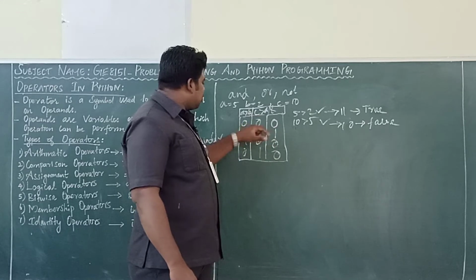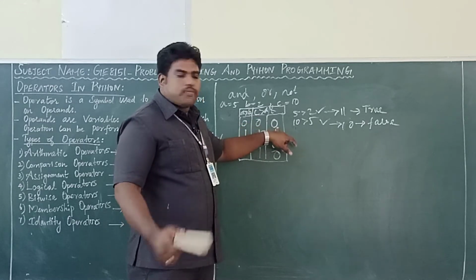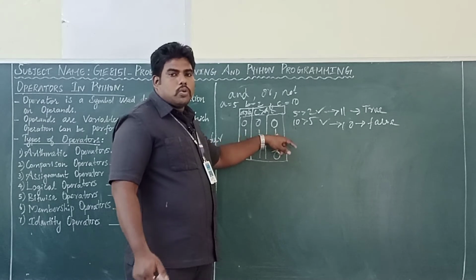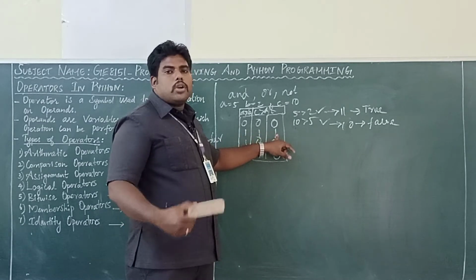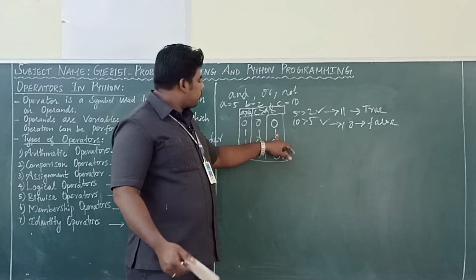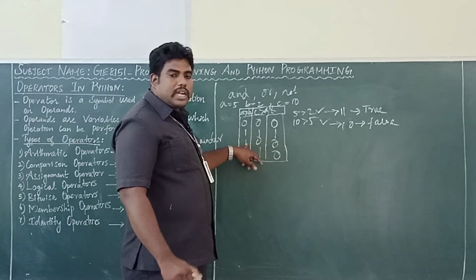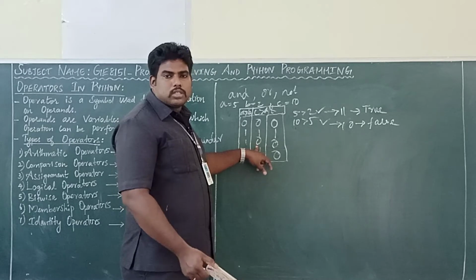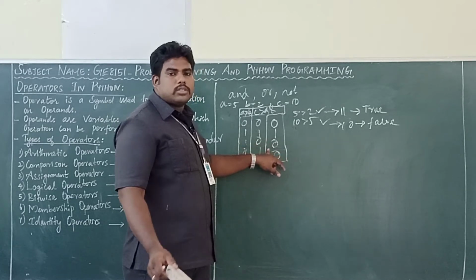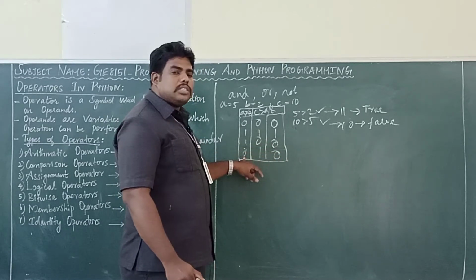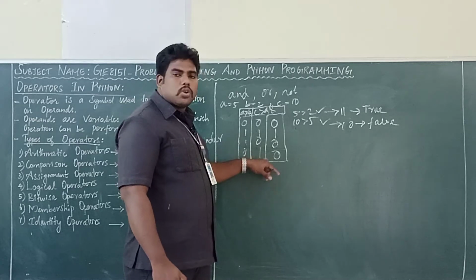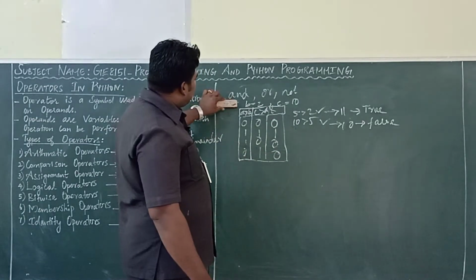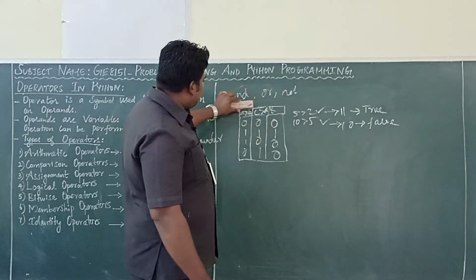Here both conditions are false, so your answer is also false. Here both conditions are true, so your answer is also true. 1 denotes true, 0 denotes false. It's Boolean. Here the first condition is true and the second is false, so your answer is 0. Here the first is false and the second is true, again your answer is 0. It works like multiplication.